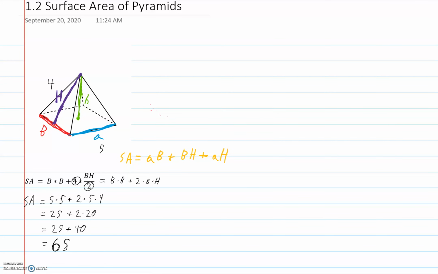Okay, what if you're given the green H, just the actual height of our pyramid? Well, we're going to notice something here. If we're given the height of our pyramid, it's going to make a little triangle inside.